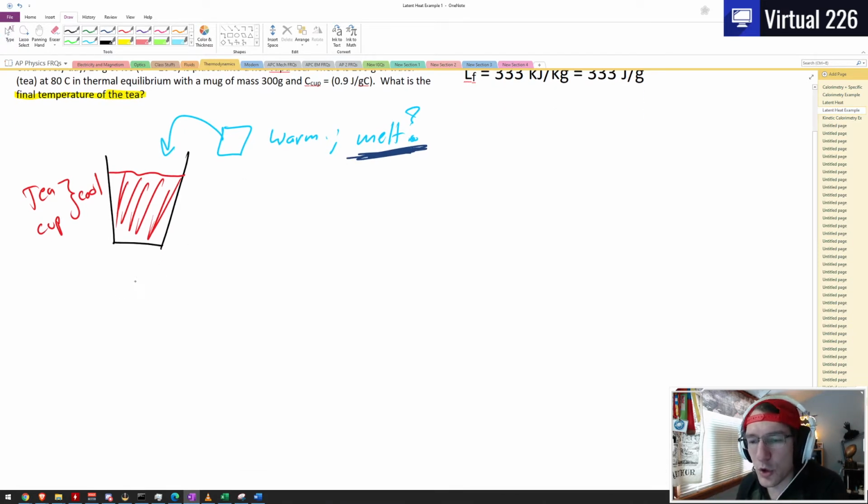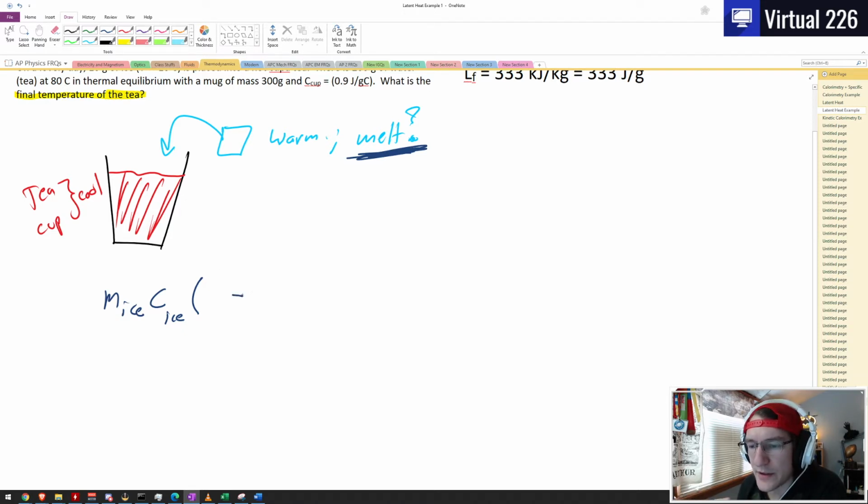So if we wanted to warm the ice up, we need to use Q equals MC delta T, okay? So we know that this is the mass of the ice, m_ice, times the specific heat of ice. We'll have to look that value up. Then we know that there's going to be a delta T here. This delta T is the final temperature of the ice minus the initial.